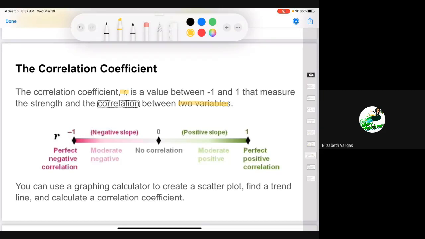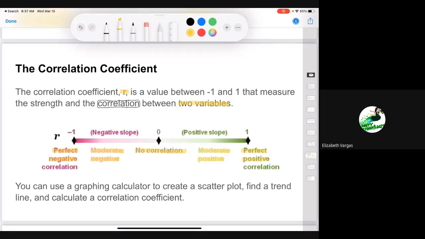And so what the correlation coefficient R tells us, it helps us determine whether we have a perfect positive correlation, a moderate positive correlation, no correlation, a moderate negative correlation, or perfect negative correlation. So basically, the R we're given helps us determine the type of correlation that we have in a data set.